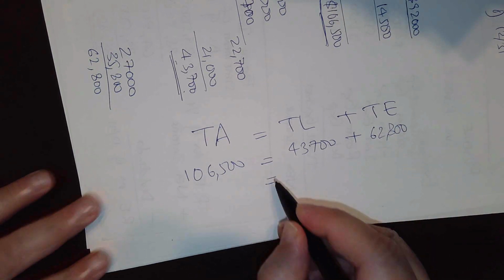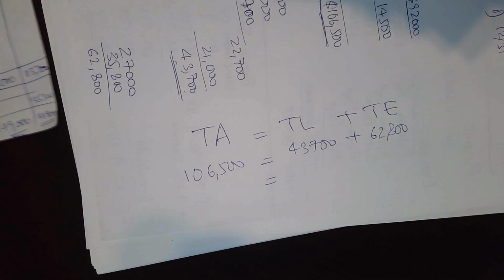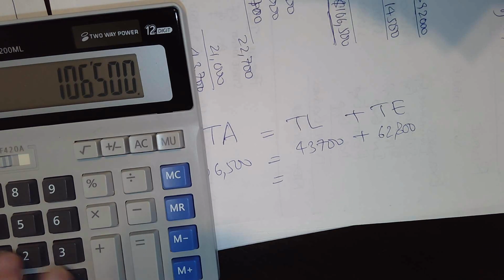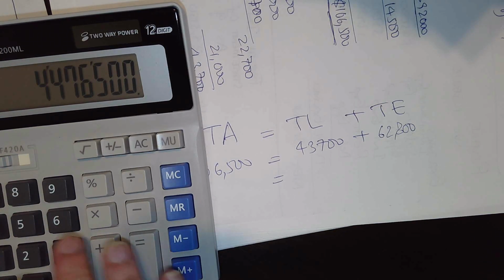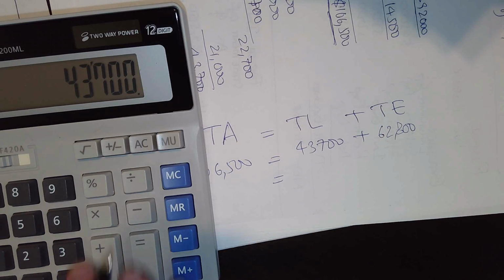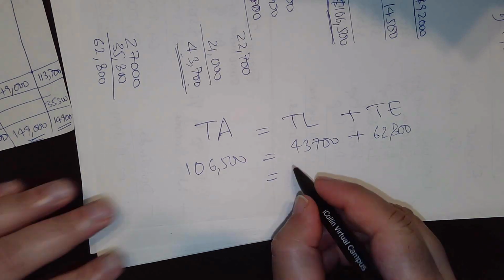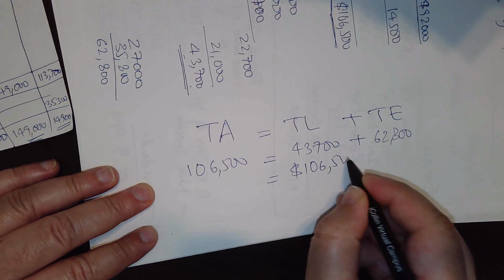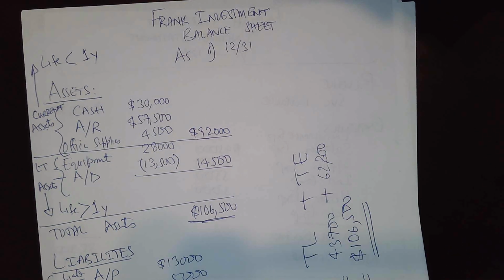So if you add these two numbers, 43,700 plus 62,800 is equal to 106,500. Which means your balance sheet has no mistakes, and this is correct.